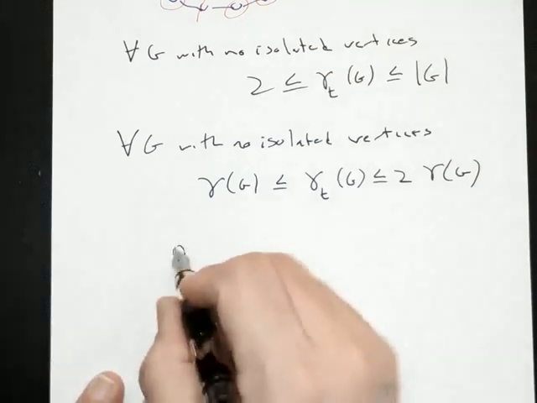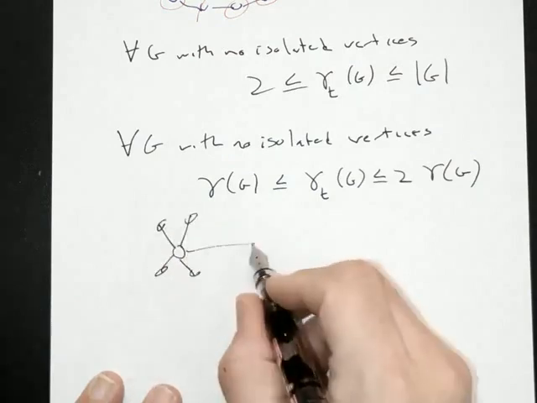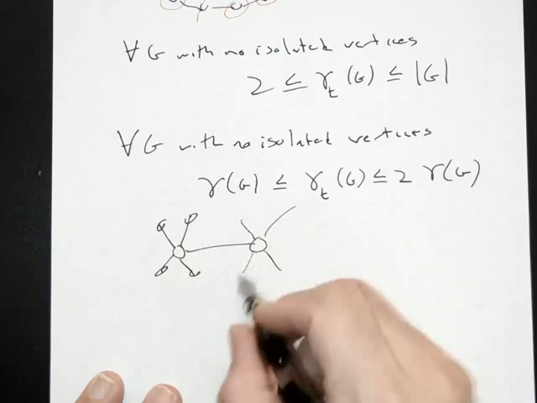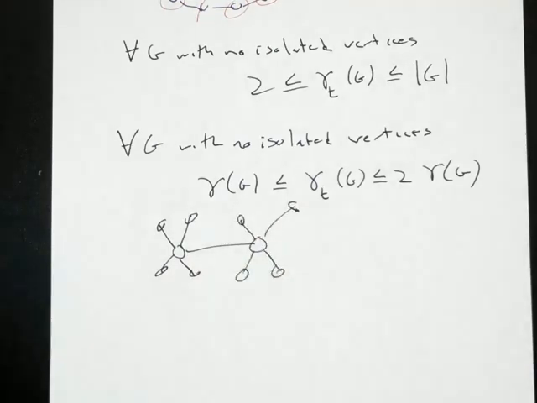In a double star, the domination number is 2. By the way, I've drawn stars of size 4. 2 stars which are connected by their central vertices.